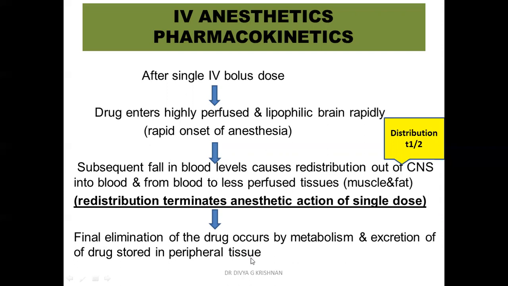The final elimination occurs only after it is metabolized and excreted out of the body, and that is called the elimination T-half. So these drugs have two T-halves: the distribution T-half, which indicates the time when the action of the drug is over in the brain, and the elimination T-half, which indicates the time required to eliminate the drug completely out of the body.